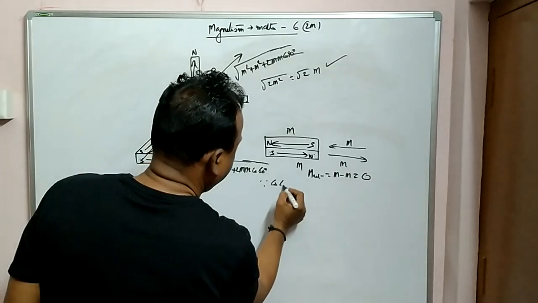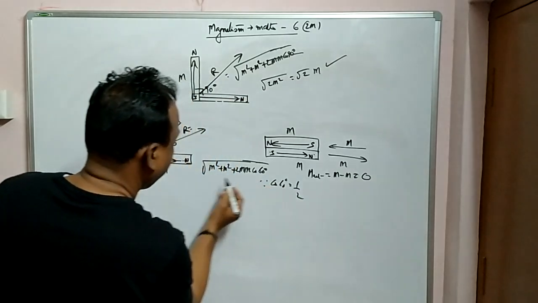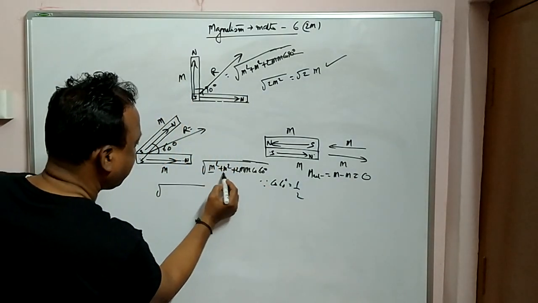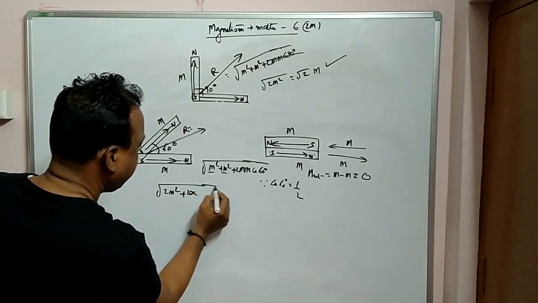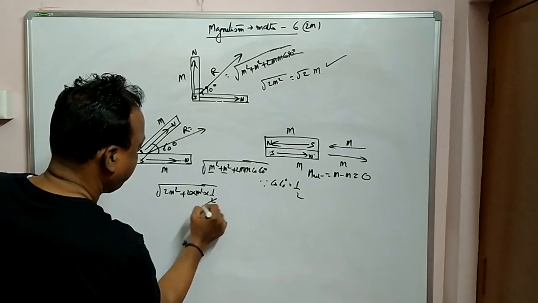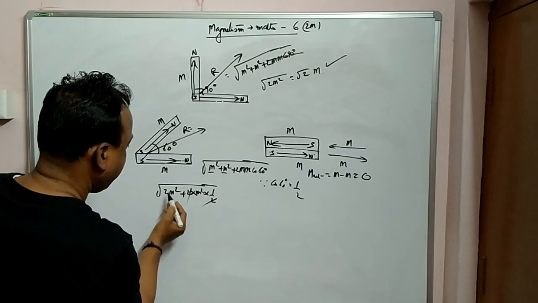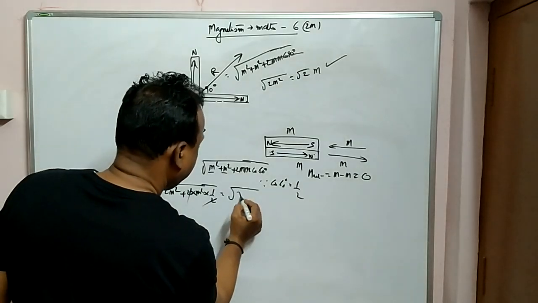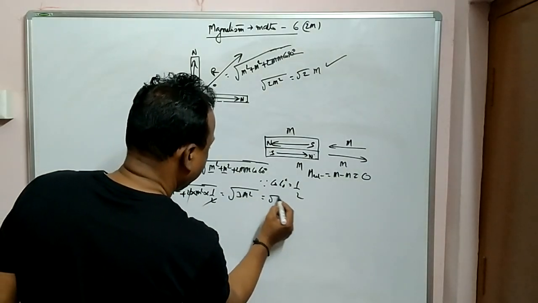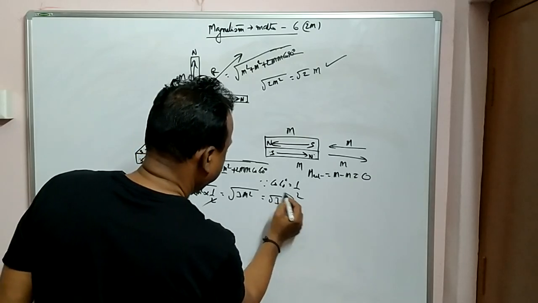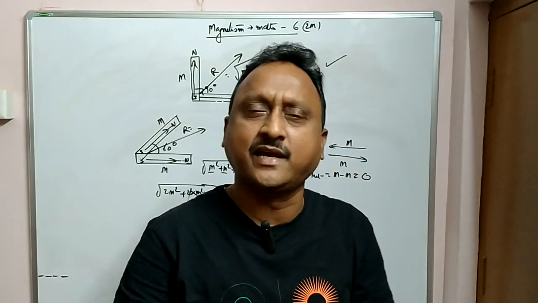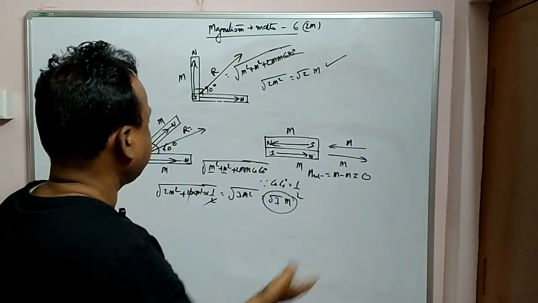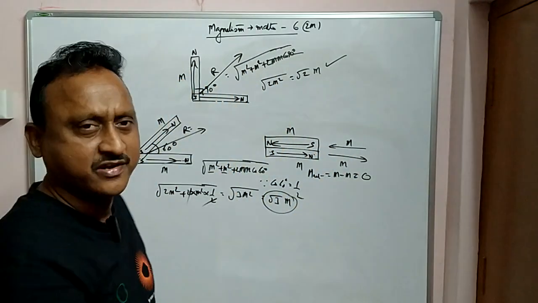Since cos 60 is equal to half, root over M square plus M square, that is 2M square, plus 2 into M square into half. So that is 3M square. Root over 3M square, that is root 3 into M. So this is the value. Like this you can find the resultant magnetic moment in different cases according to the concept.